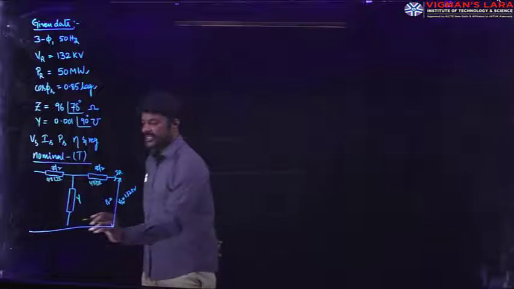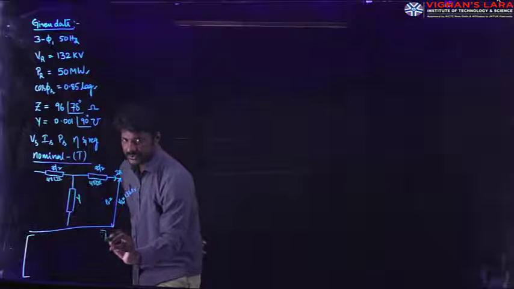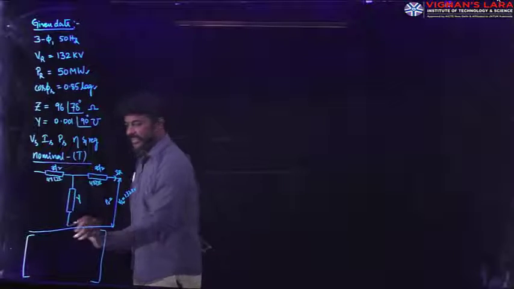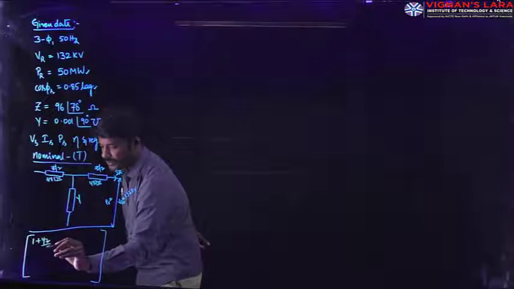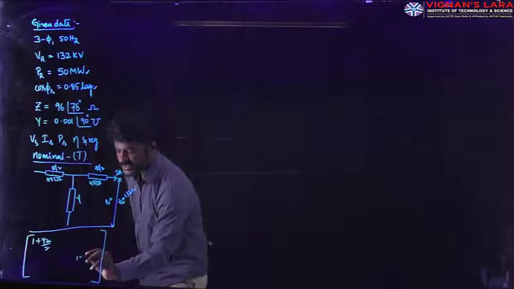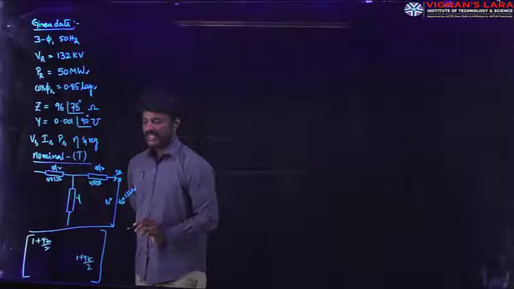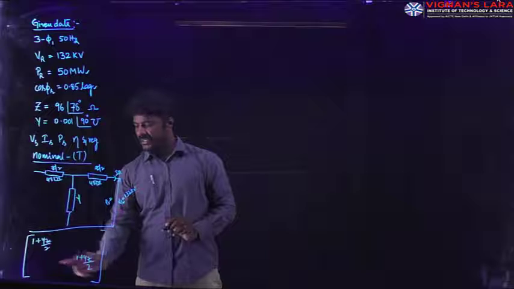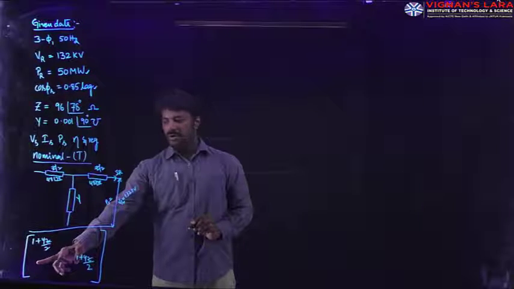So the formulas are also there with us. What is our objective? Our objective is to find the values of the ABCD constants. The A value is 1 plus YZ by 2. The D value is also the same, 1 plus YZ by 2. The C value, whose unit is mho, is admittance.